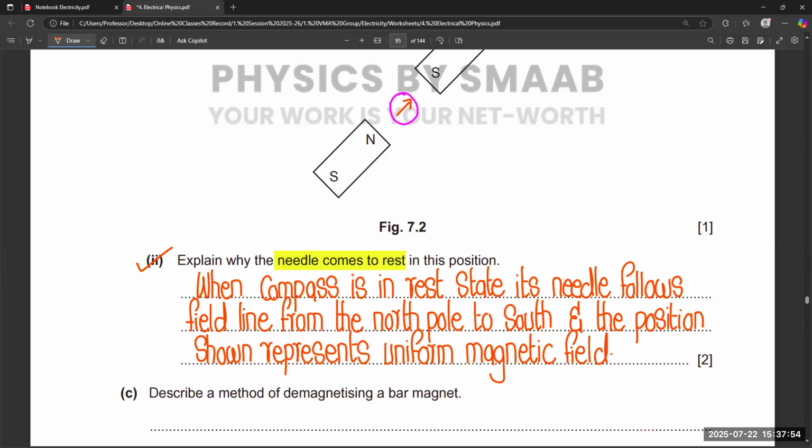When there is a uniform magnetic field between the poles of the magnet, there will be no change in the position of the needle.